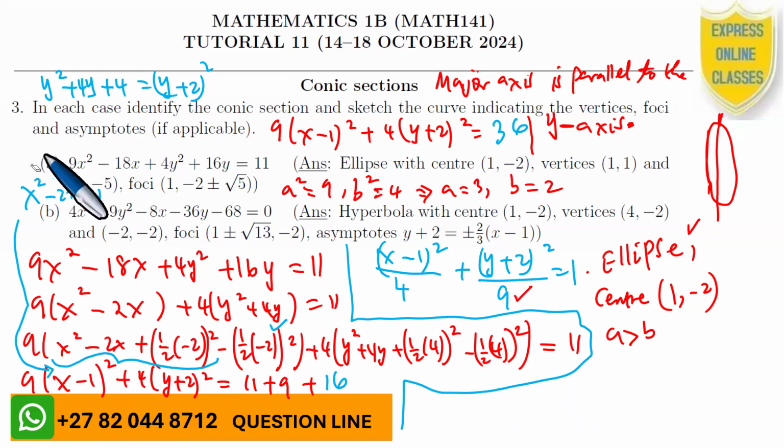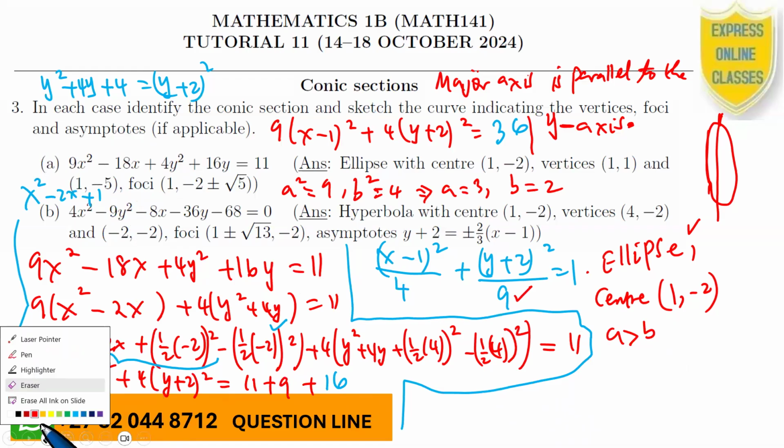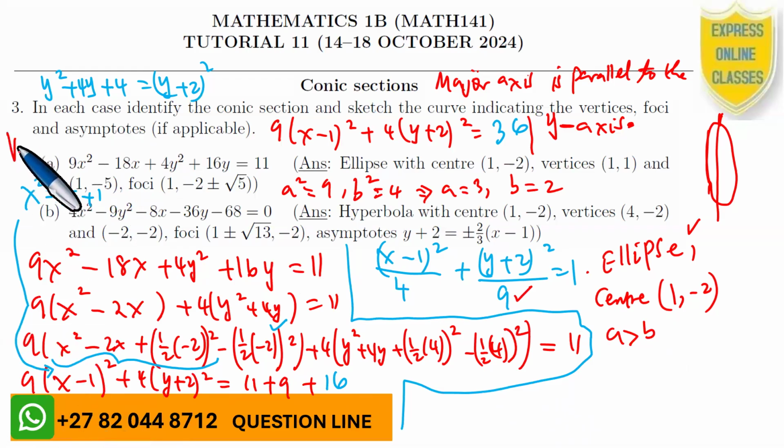We're dealing with the vertices now. The center is this, and then we're going to add A. If A is 3, the vertices themselves would have to be one going up, and the other one going exactly down.